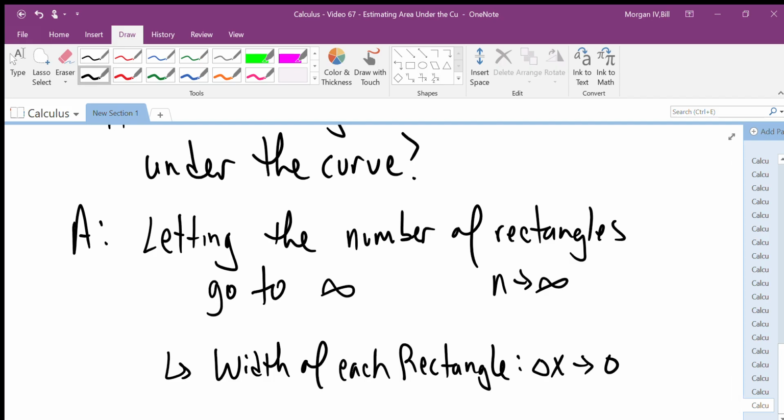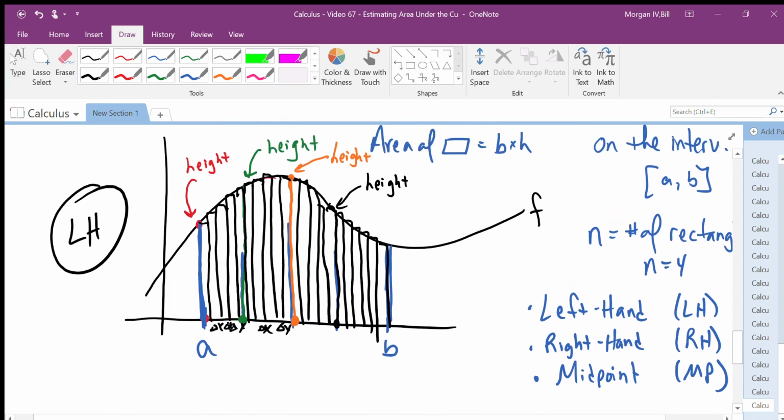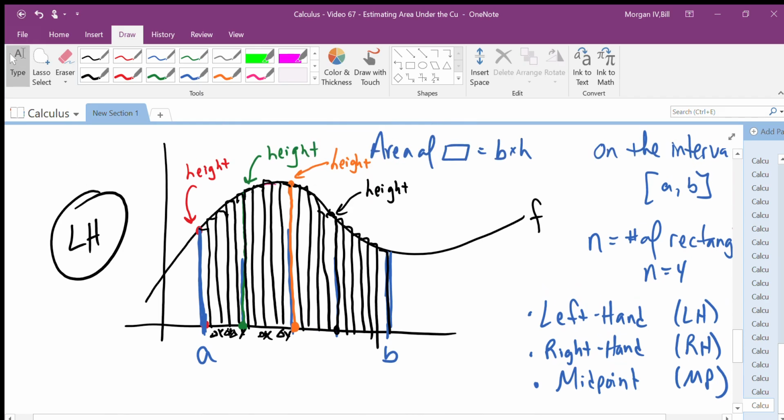And that is the reason that I don't care whether you use left hand or right hand or midpoint. Picture what's happening here. As the rectangles are getting more and more, they're becoming a smaller and smaller width. Let's pick this rectangle here, the left hand and the right hand. It doesn't really matter eventually which one I calculate the height from, because they're being pushed closer and closer together.